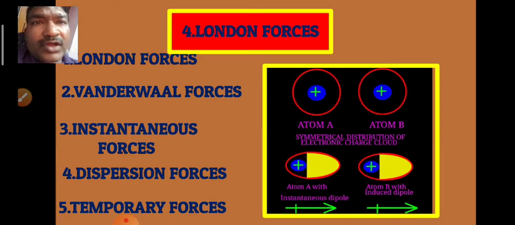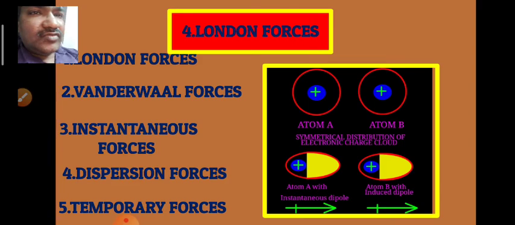They are formed depending on the situation, so that's why they are known as instantaneous forces. Otherwise, they are called dispersion forces or temporary forces. So, five different names are there: London forces, van der Waals forces, and dispersion forces. All these are the same.